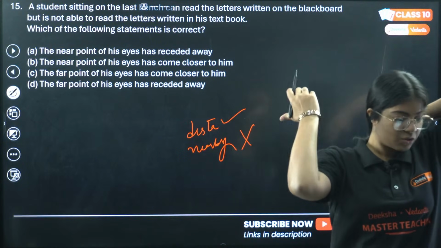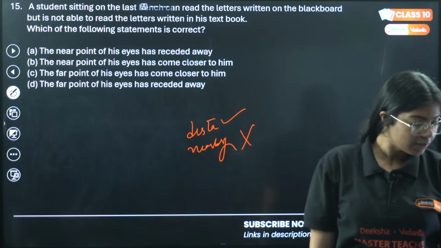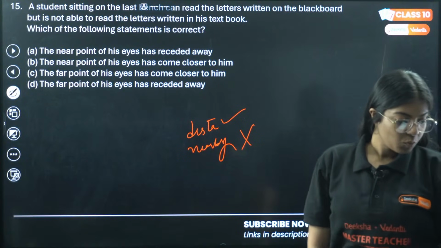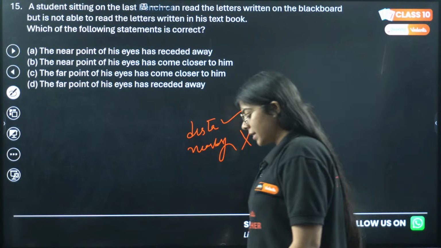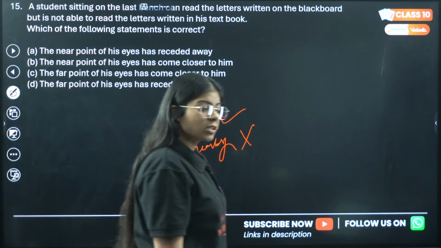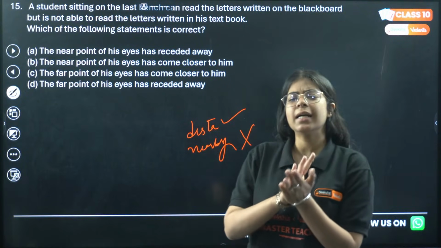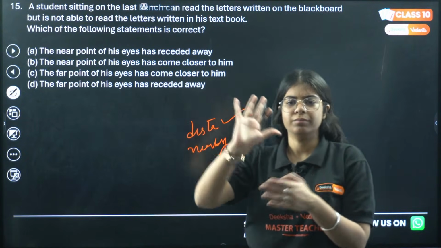Yes, everyone understood it. Very good. Okay, let me know the answer. Which option is correct if the person cannot see nearby objects clearly or cannot read the book clearly but can clearly see the letters written on the board?